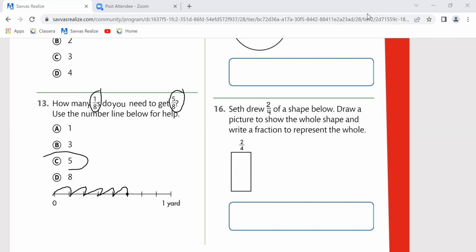Good. So number 13 is easier because here you have a number line to jump. But number 11, you don't have a number line, but you may draw. We also check.